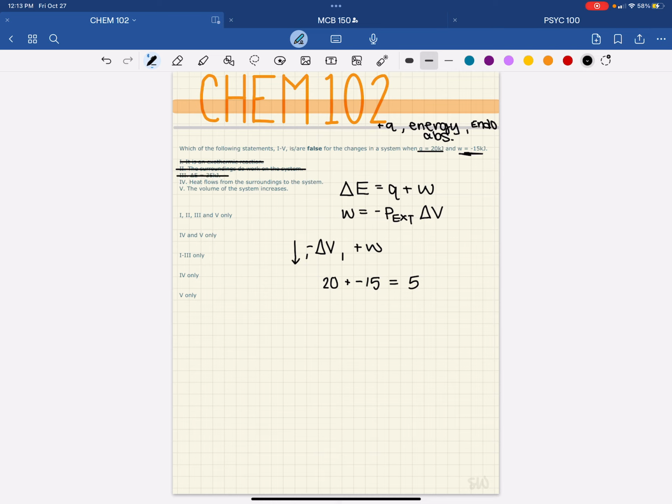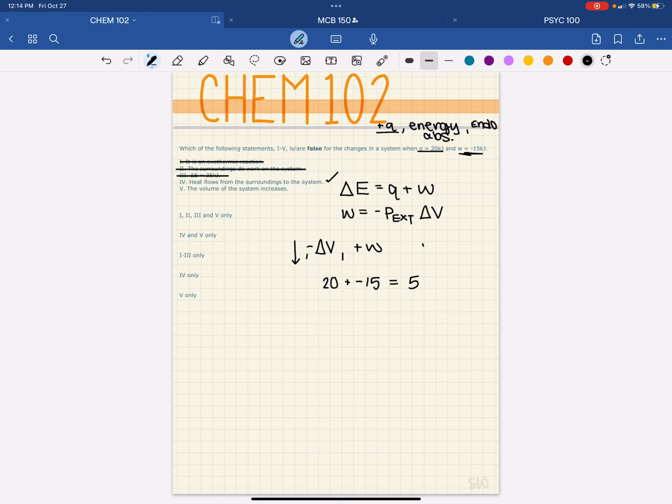So 3 is wrong. Heat flows from the surroundings to the system. Energy is absorbed by the system according to the positive Q, and so that means it is taking in energy, so number 4 is correct. The volume of the system increases.